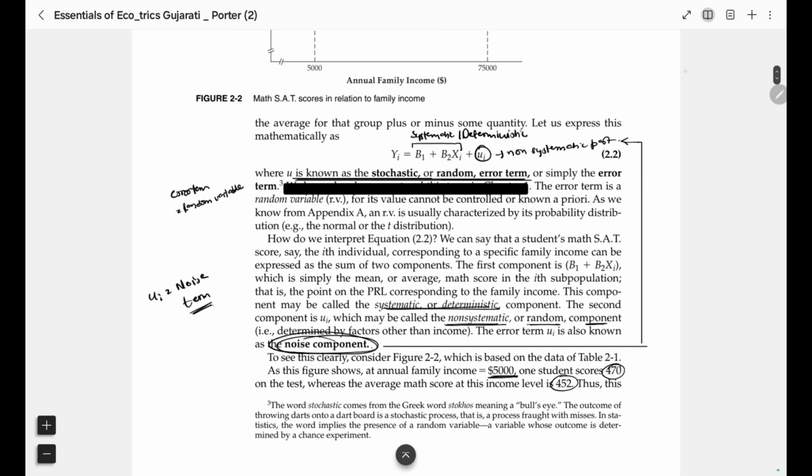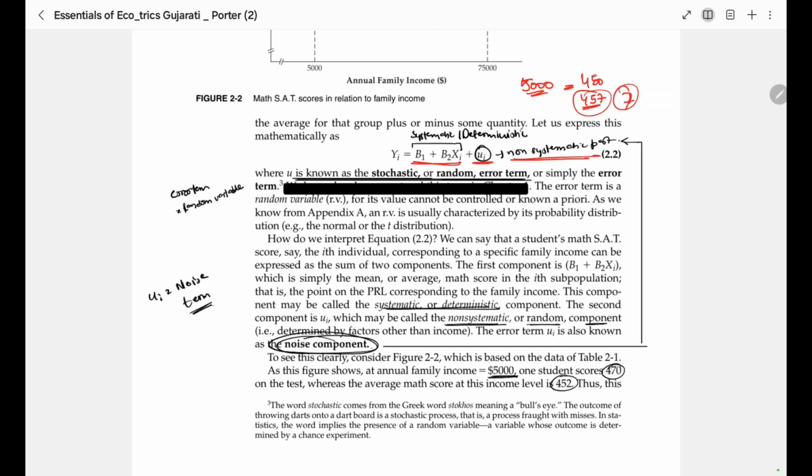Now that is what it says here also: this is the systematic part, this is the non-systematic part. Your error term is stochastic, random. You can call u the stochastic term, random term, or error term, whatever you want. The error term is a random variable, because we do not know its value. As in the example, if income is 5,000 and our deterministic part shows a certain value, say 450, and we get 457 as our real score, this 7 is random, right?